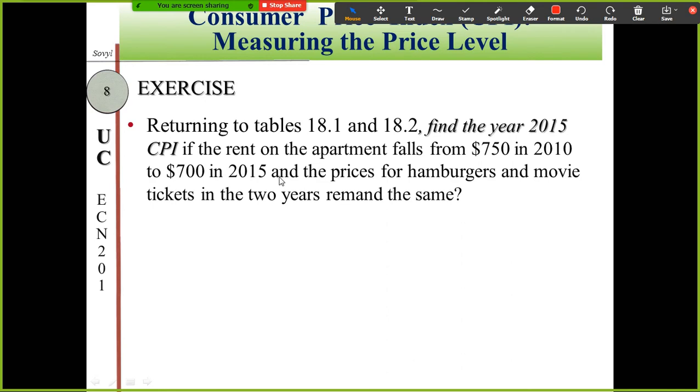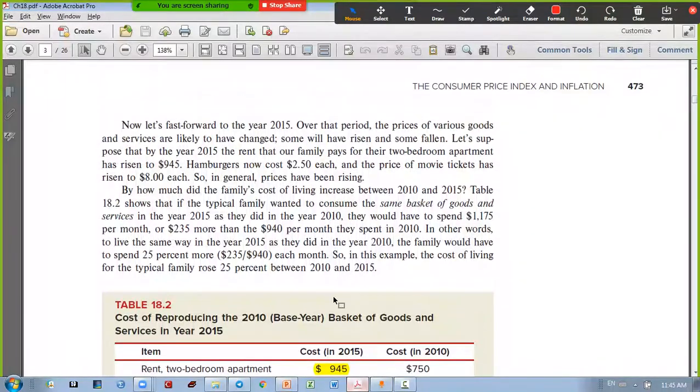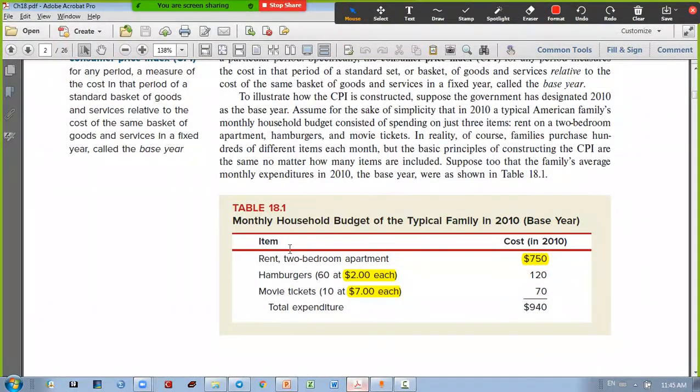In your textbook, this is table 18.1. You can see the monthly household budget of a typical family in 2010, the base year.